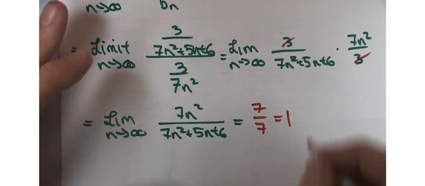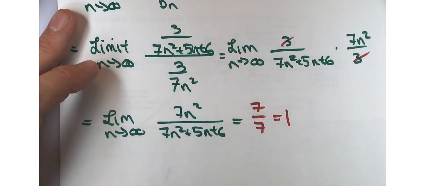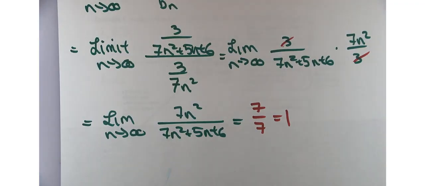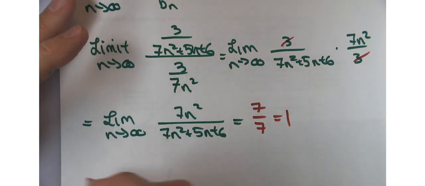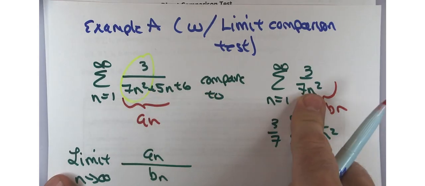Now the important thing is that this limit is between 0 and infinity. It can't be 0. It can't be infinity. As long as it's some finite number other than 0, then you get convergence of this series because of convergence of this series.